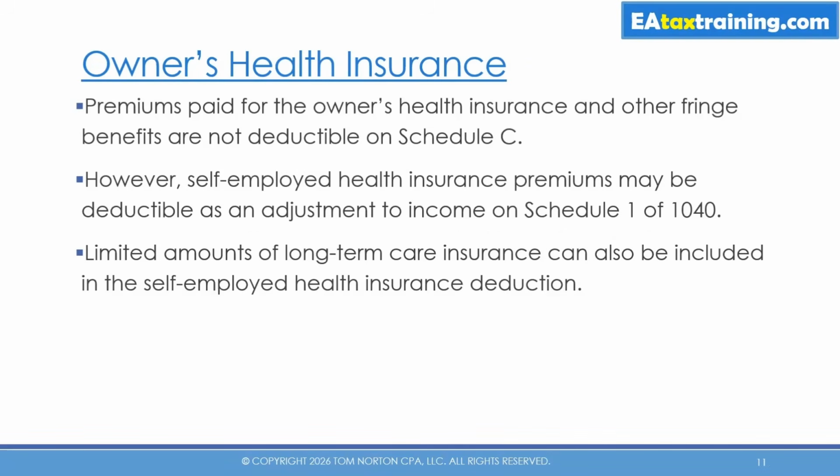Owner's health insurance. Premiums paid for the owner's health insurance and other fringe benefits are not deductible on Schedule C. However, self-employed health insurance premiums may be deductible as an adjustment to income, as we saw back in Part 1. In addition, limited amounts of long-term care insurance can also be included in the self-employed health insurance deduction.